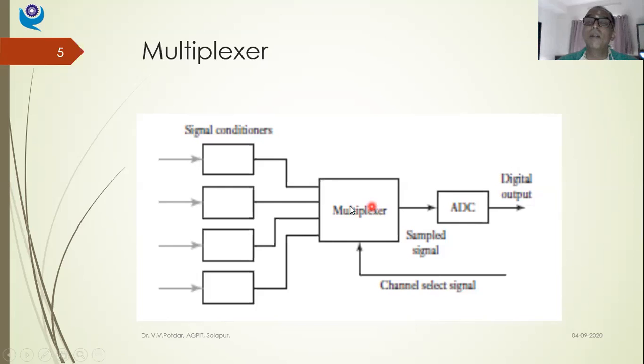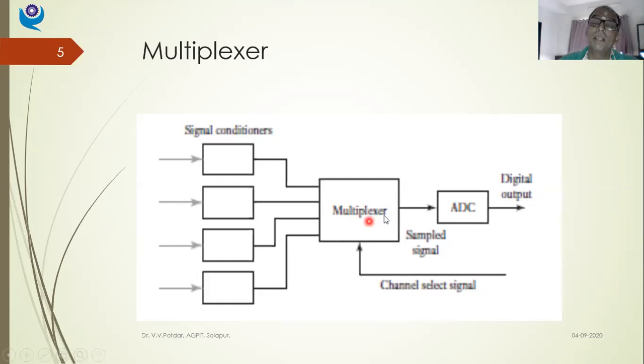The multiplexing device, or multiplexer, receives a number of signals, but processes them one by one. So I don't need a separate ADC for each signal. I can have a common ADC and, through multiplexing, process those signals one by one. This channel select signal can be automatically controlled.